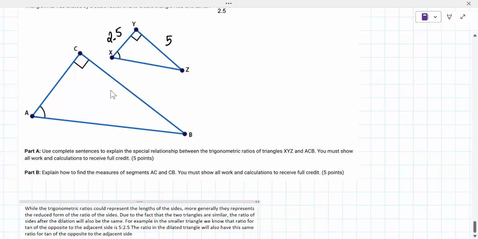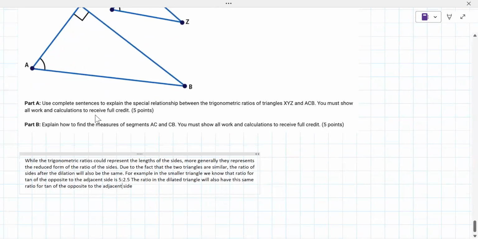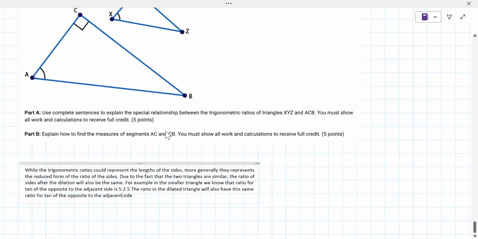Would I just show the measurements of both the triangles?